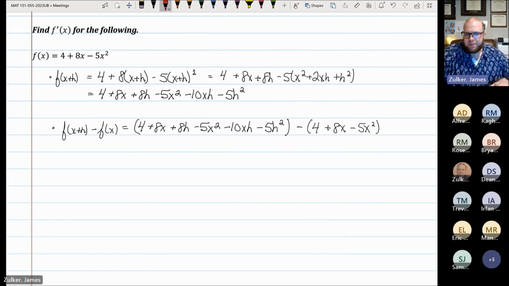And again, simplify. 4 minus 4, 8x minus 8x, negative 5x squared minus negative 5x squared.